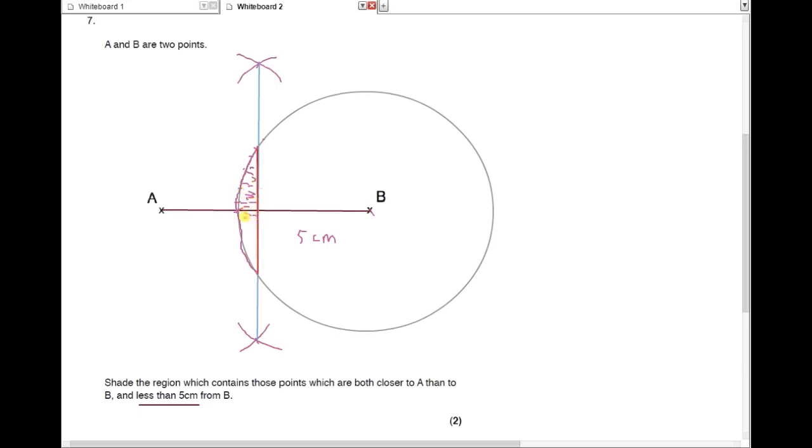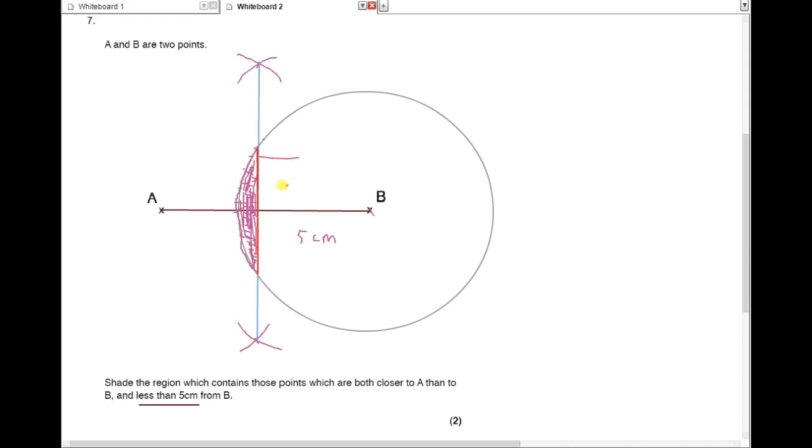They must not be on the curve, they must not be on the line, they should be within these boundaries, okay, the highlighted boundaries. So all these points are closer to A, far away from your B, and less than 5 centimeter away from your B. So that's how you are going to shade, because these points are satisfying the condition.